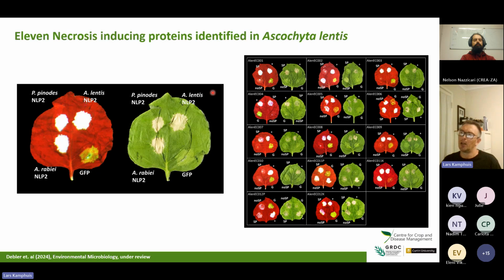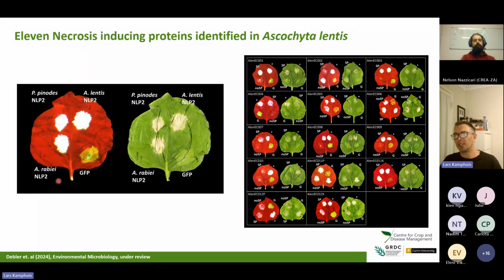A quick way to screen these candidate effectors for their ability to cause necrosis or a hypersensitive response is to agroinfiltrate them in tobacco, which is a lot more readily able to conduct these transient assays in. What you can see here is, again, how we do these assays. We've got our green fluorescent protein, fluorescing green when we put the right filters on.